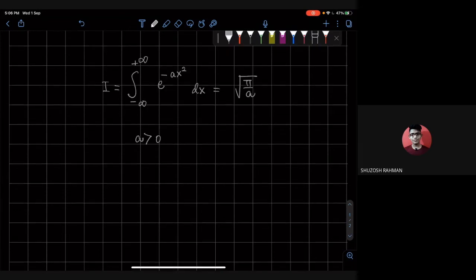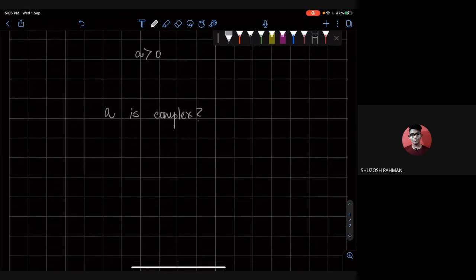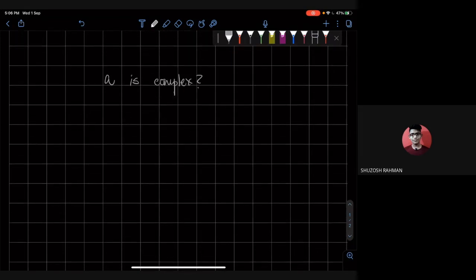Now, what happens when a is complex? How do we deal with this? Let me just sketch what happens. In that case, we think of the integral as a complex integral where x is a complex number, or you can call it z or whatever you want.